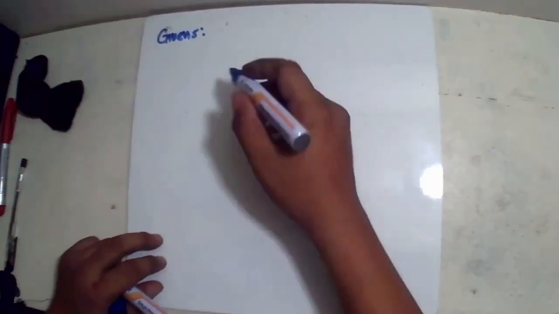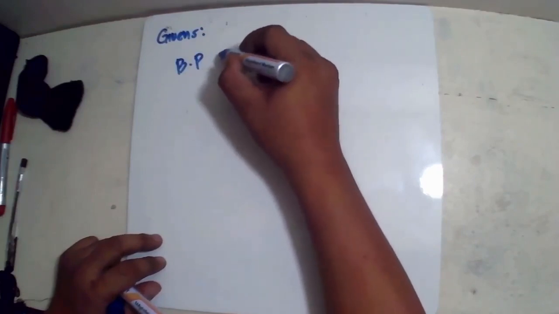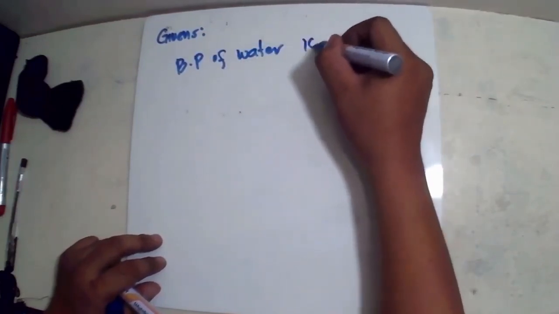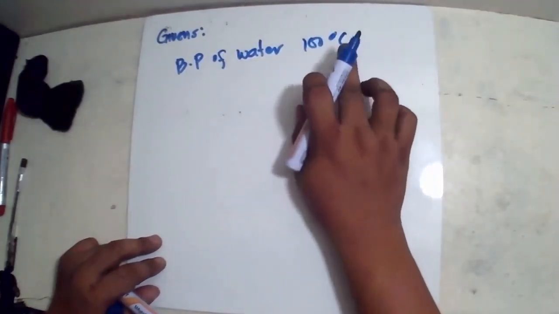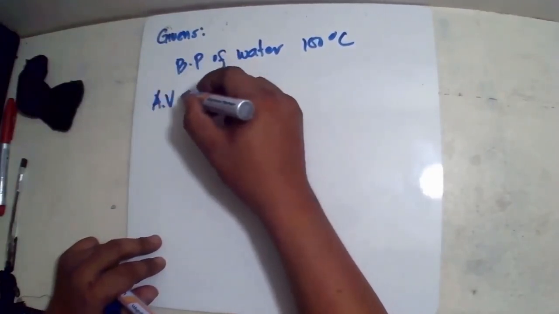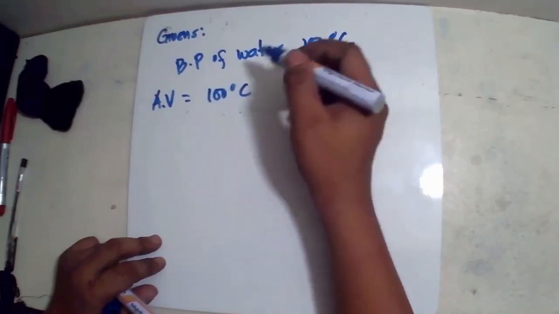Let's not forget to list the given. Now what are the given? The boiling point of water is 100 degrees Celsius, and this 100 degrees Celsius is the accepted value. So accepted value is 100 degrees Celsius.